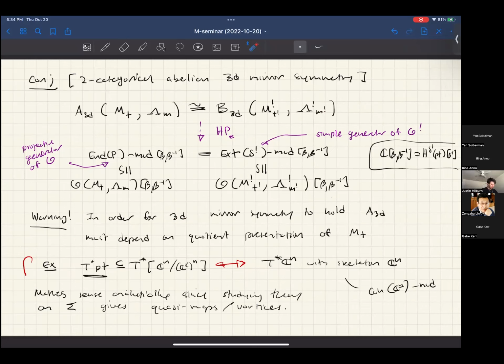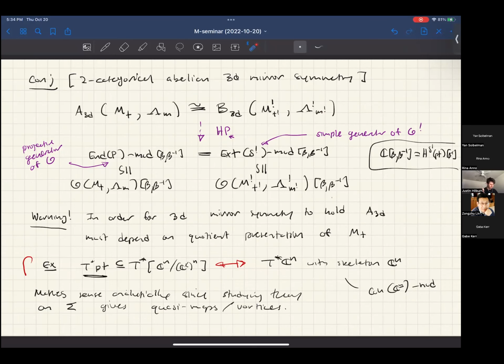And then let me tell you something that's unfortunate. Something that's unfortunate is that I was really hoping that this category would only depend on the hypertoric variety MT. But it seems as though this A-type category, if I want this mirror symmetry to hold, it actually can see the quotient presentation.